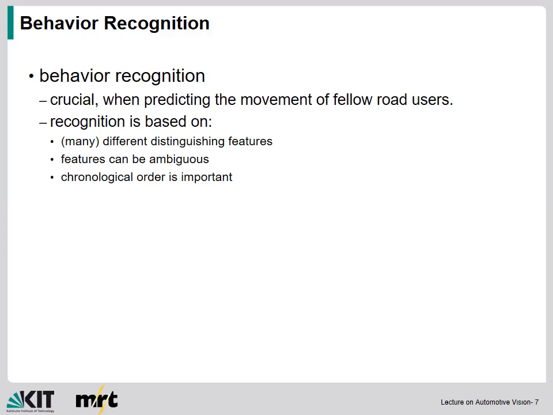So we might see something, but this alone does not allow us to predict what happens, because still there are several things that might happen. So only the combination of the features might lead to a clear guess what really happens. And of course, the chronological order is important in which these features occur. The same feature in different chronological orders might mean completely different activities.